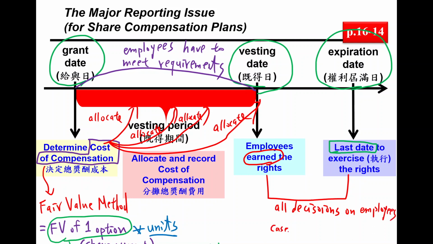They could think about two cases: whether they want to exercise, 执行, or whether they want to give up the right. That's on employees, none of your business.